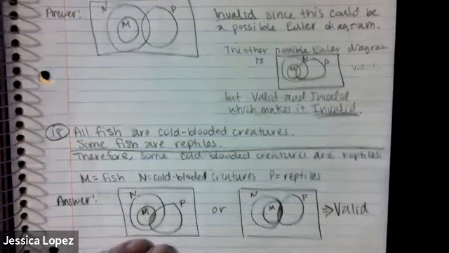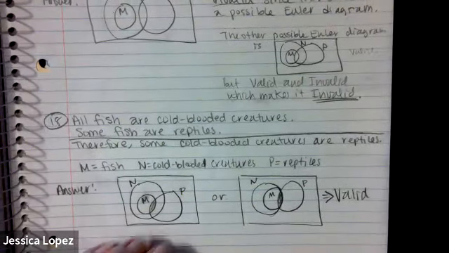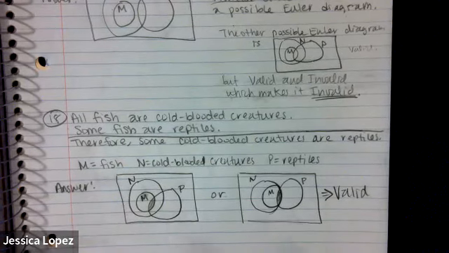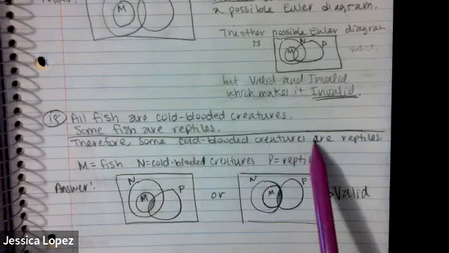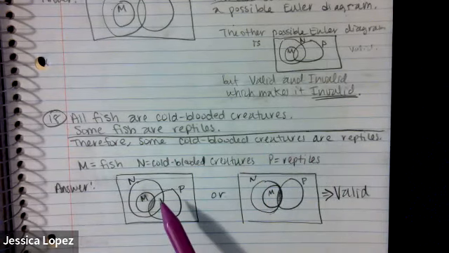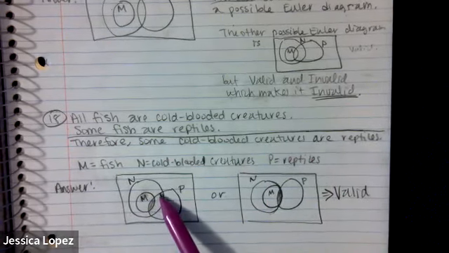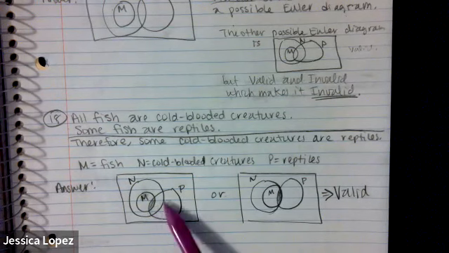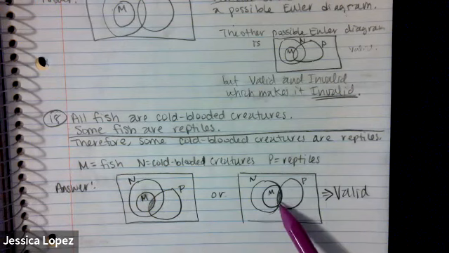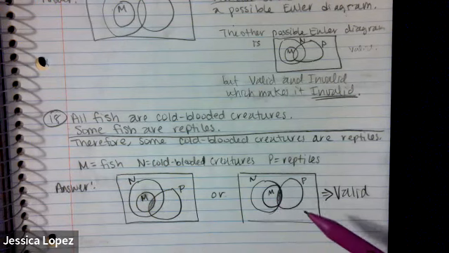So they're slightly different from each other, but regardless of which one you look at, the conclusion, some cold-blooded creatures are reptiles, is true, because N is the cold-blooded creatures. So not only do you have the fish that are cold-blooded, you have some other creatures that are cold-blooded, and both of those kinds of creatures are in the reptile group. Whereas here, just the fish that are cold-blooded are reptiles, and no other cold-blooded creatures are reptiles.